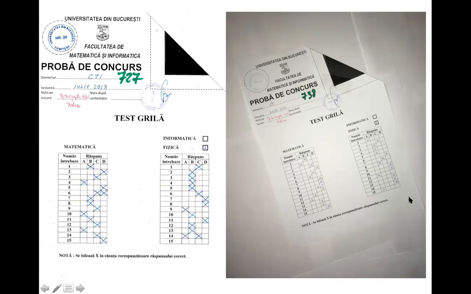So do we have to output all the results in a specific manner? Yeah, so you have to write the grade, the number of correctly answered questions by a candidate.